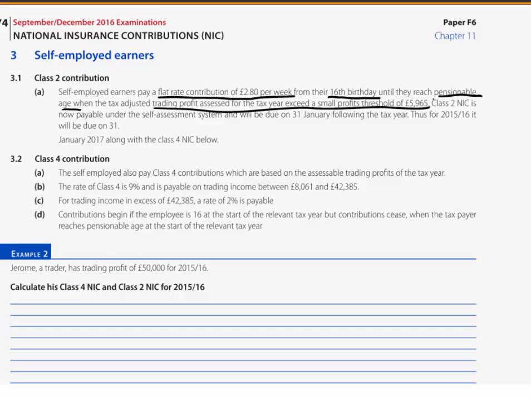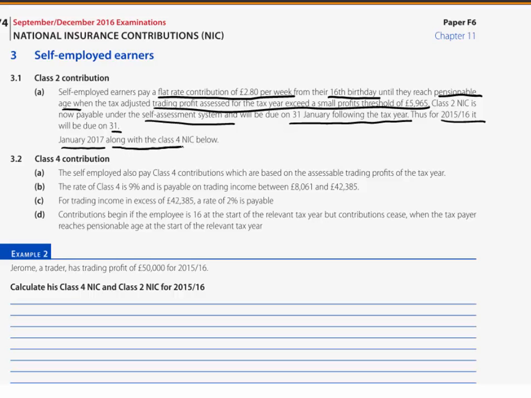And where the tax that is payable for the tax year under the self-assessment system becomes due for payment on the 31st of January following the end of the tax year. So for 15-16, that would be due on the 31st of January 2017, the 31st of January following the end of the tax year.